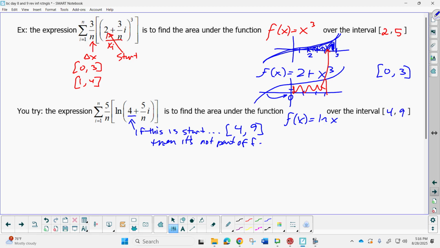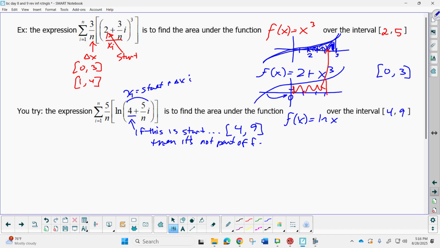Okay, you might have said it's log of x from 4 to 9. You said the 4 is the starting value and 5 is the width, so 4 to 9. In which case that whole inside x sub i is the start plus the delta x i times, fair enough. All right.